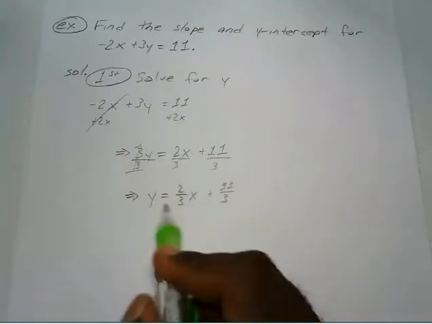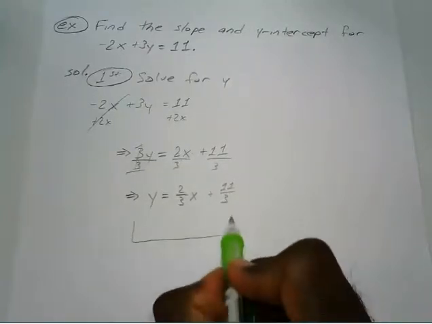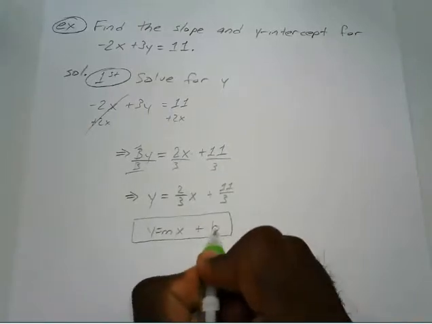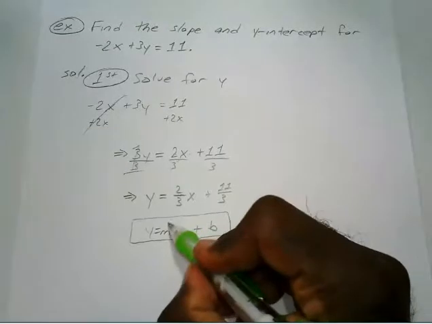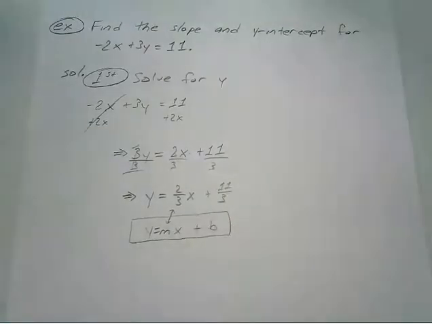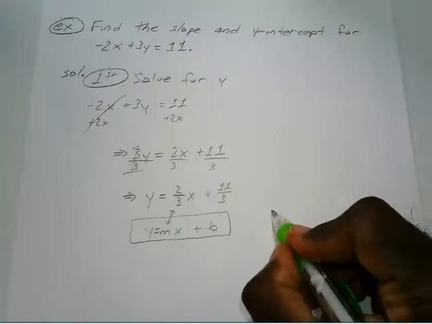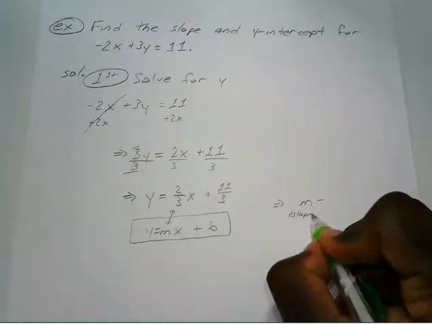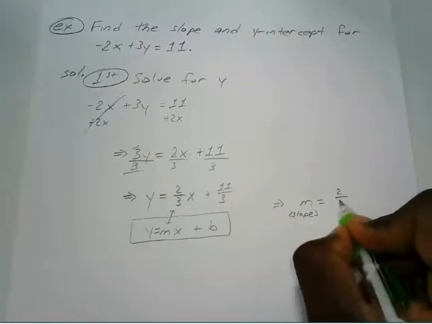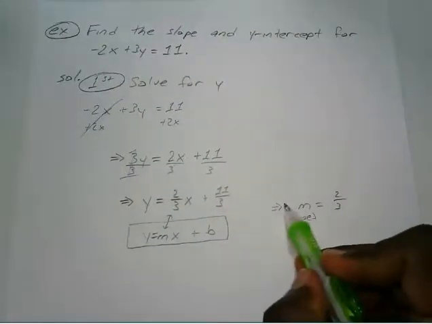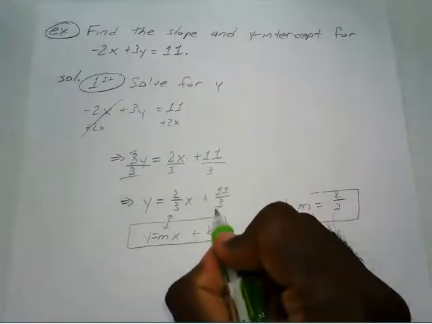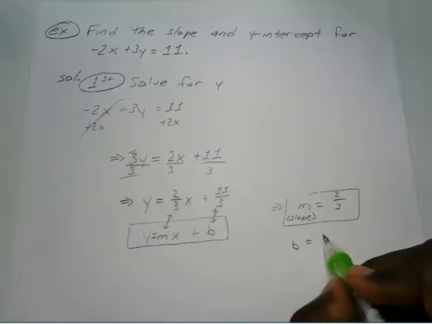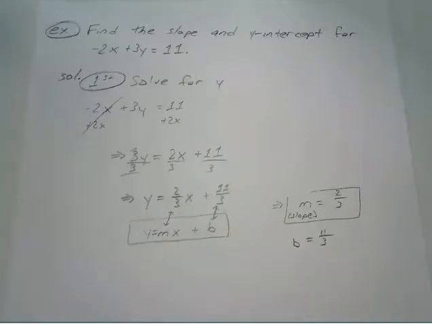Okay, so if we match this up with our slope-intercept form, remember y is equal to mx plus b. We see that the term next to the x is 2 over 3. So we know that m, which is our slope, equals 2 over 3. And we see also that our b is equal to 11 over 3.